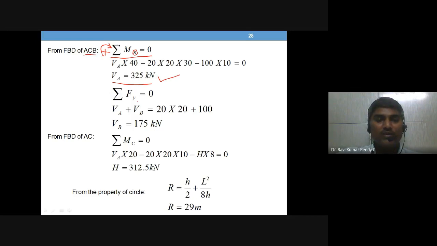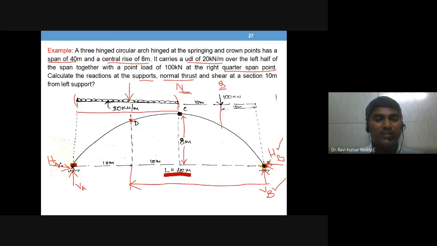Then you have one more unknown, VB, so that will be given by a simple equilibrium equation, sum of all vertical forces is equal to 0. So let's see how it is written. What are all the vertical forces, you just see. VA is vertical, VB is vertical, then 100 is vertical, and this UDL is vertical.